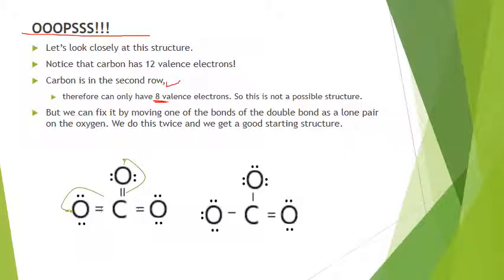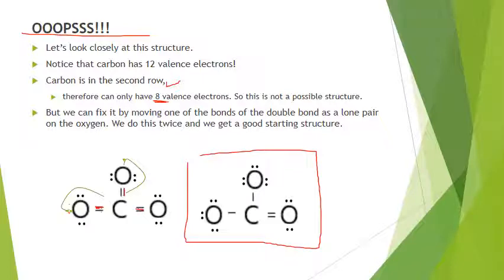So what you have to do, and it's not hard, is simply manipulate the double bonds out onto the oxygen. What we're going to do is move one of the bonds in a double bond out as a lone pair, so we end up getting this structure.